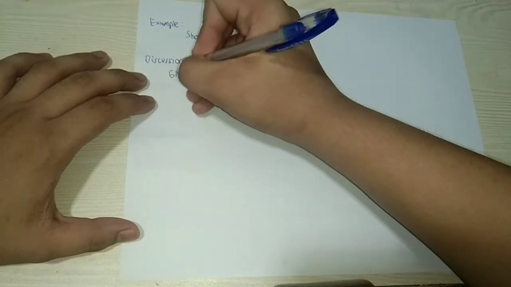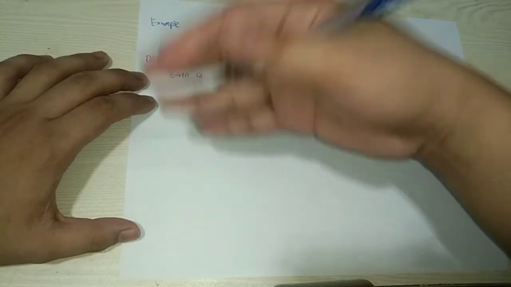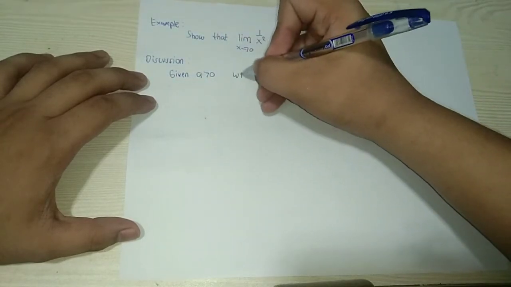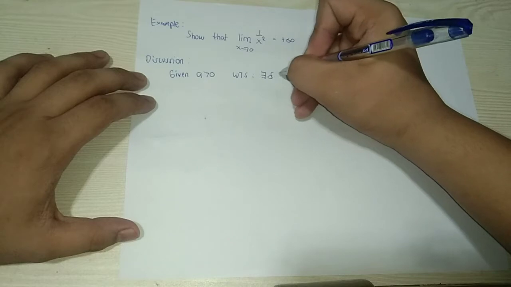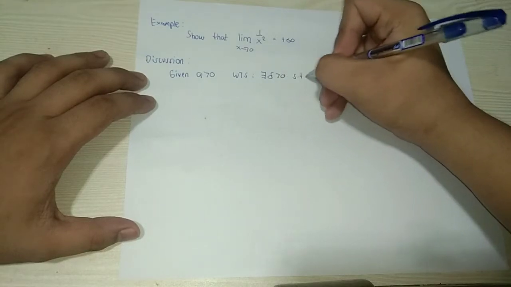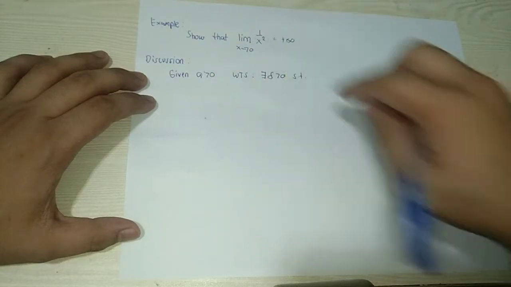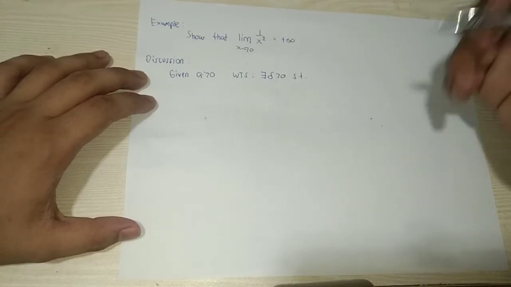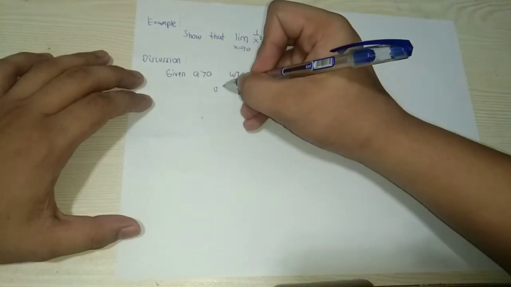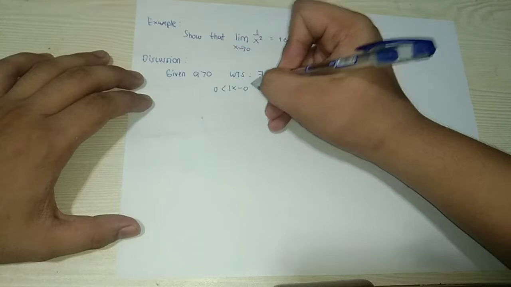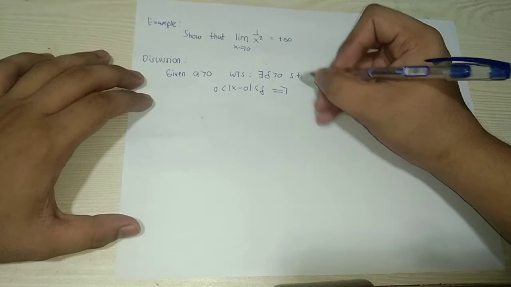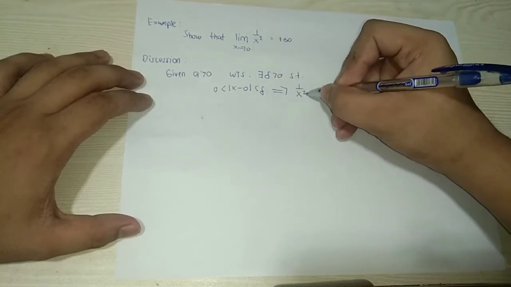So again, given A, let's use A greater than 0, positive A. So we need to show that merong positive delta such that 0 less than absolute value of x minus 0 less than delta implies 1 over x squared is greater than A. Bakit positive A? Makikita natin mamaya kasi may radical na involved. So if radical involved, maiiwasan natin yung imaginary number.